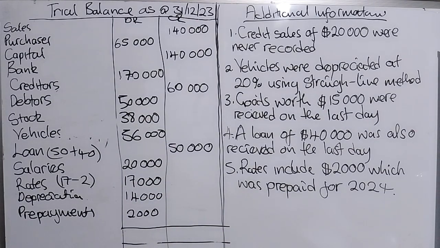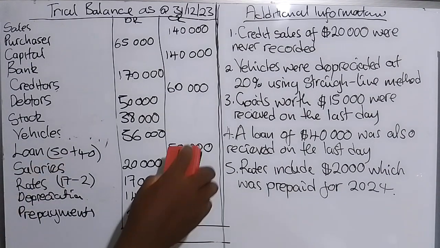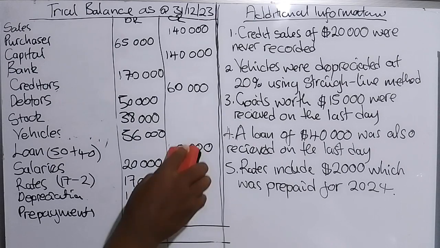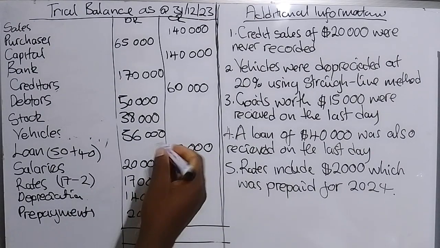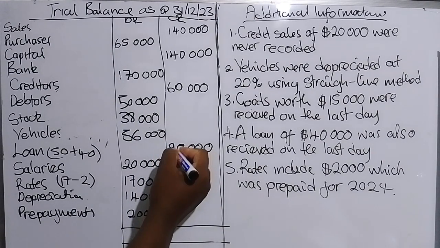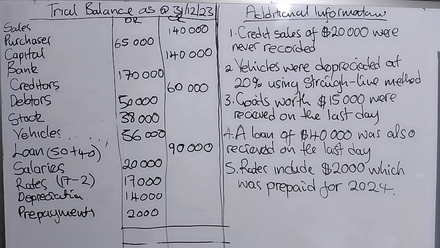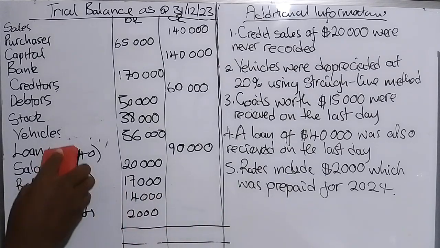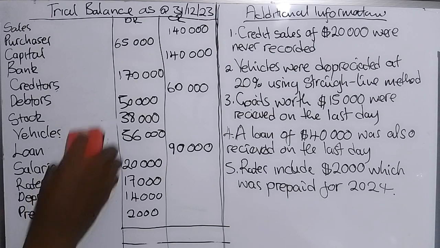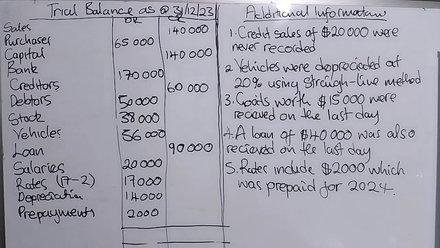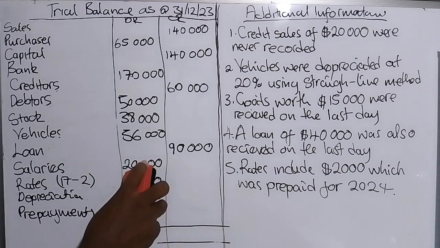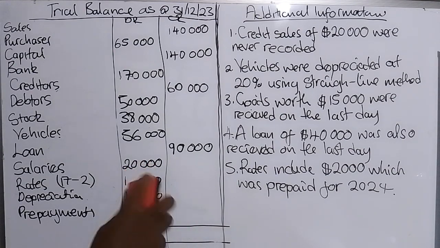Then the loan amount was added with 40,000, which will give us 90,000. Then we also look at rates. Rates were reduced by 2,000, so they will change to 15,000.